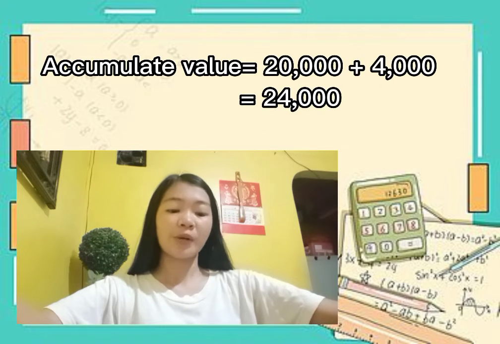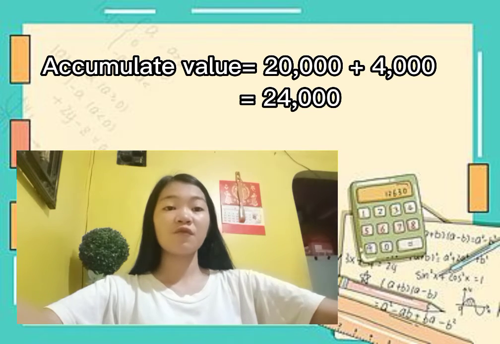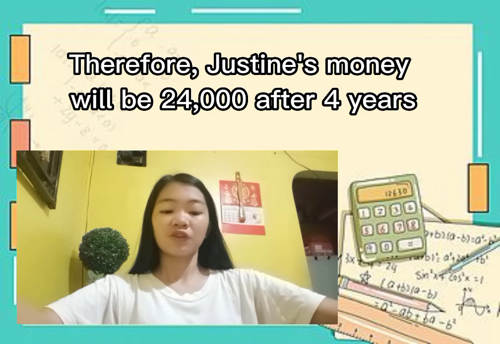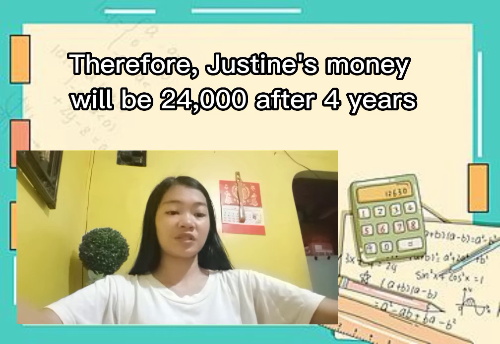We have to accumulate the value of principal and interest, and it is equal to 20,000 plus 4,000 equals 24,000. Therefore, Justin's money will be 24,000 after 4 years.